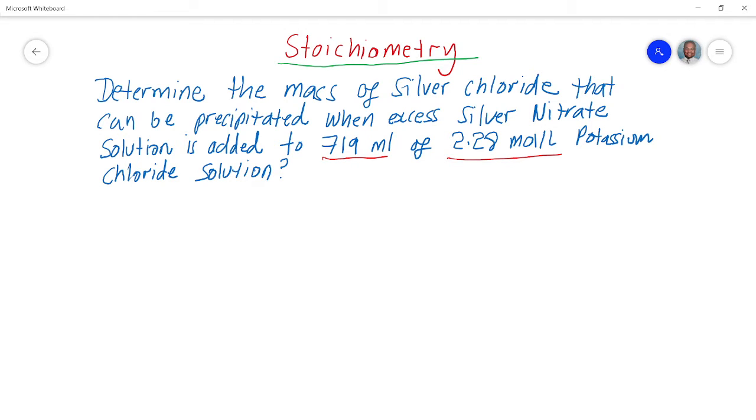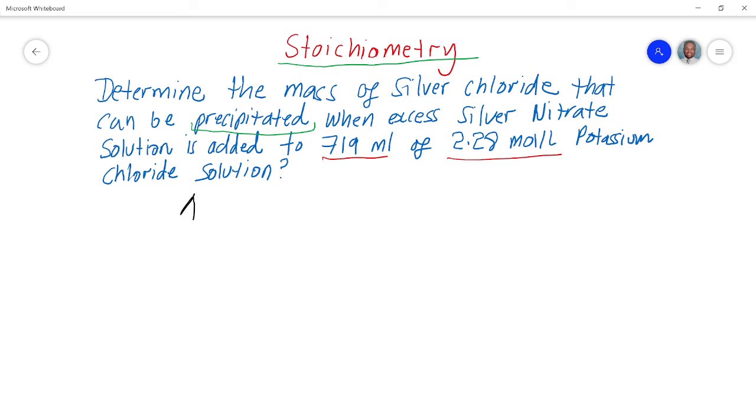As you see from the previous video that I put up on stoichiometry, the question was exactly like this. You were not given a chemical equation. You need to identify what are my reactants, what are my products. If you look at the information here, it says the mass of silver chloride that can be precipitated, so we know very well that this is a precipitation reaction. What are my reactants? It says when excess silver nitrate is added to potassium chloride solution. So we need to write down this equation.